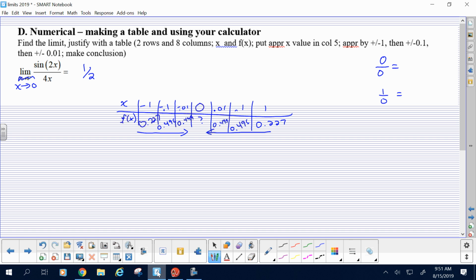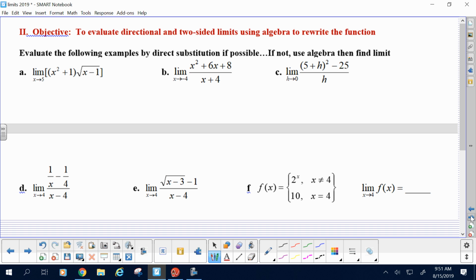Okay, so when I say to find a limit justifying with a table, the table is the justification for why I say that, all right? That's the process.